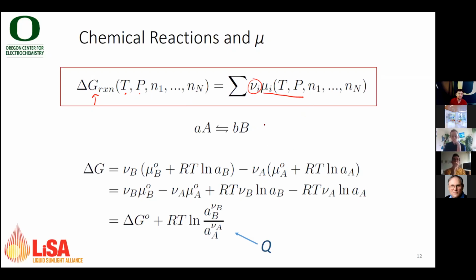So again, it's products minus reactants, right? Products have positive stoichiometric coefficients, reactants have negative stoichiometric coefficients. So it's just products minus reactants times their stoichiometric coefficients to get the delta G of reaction.